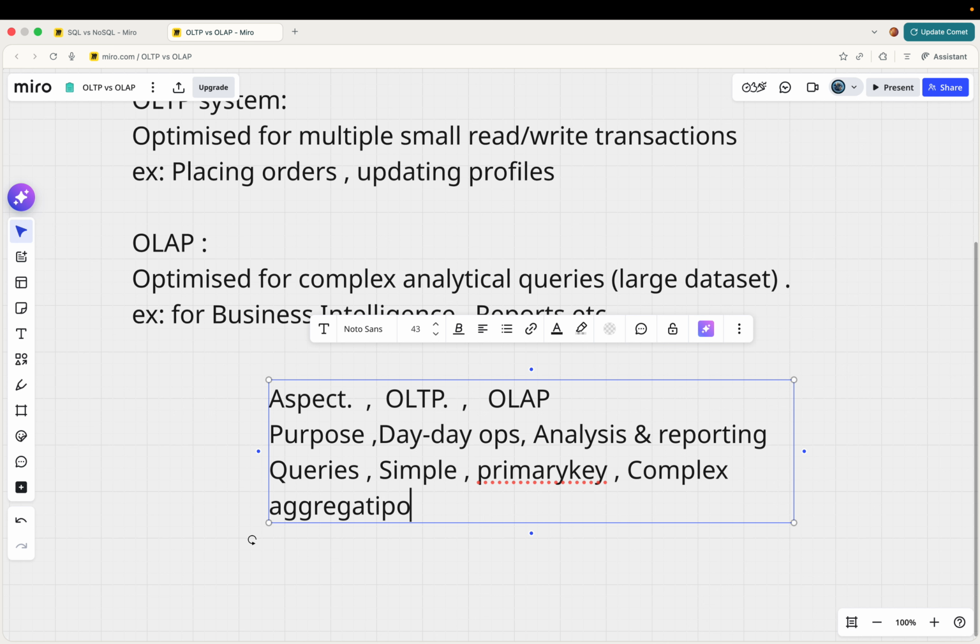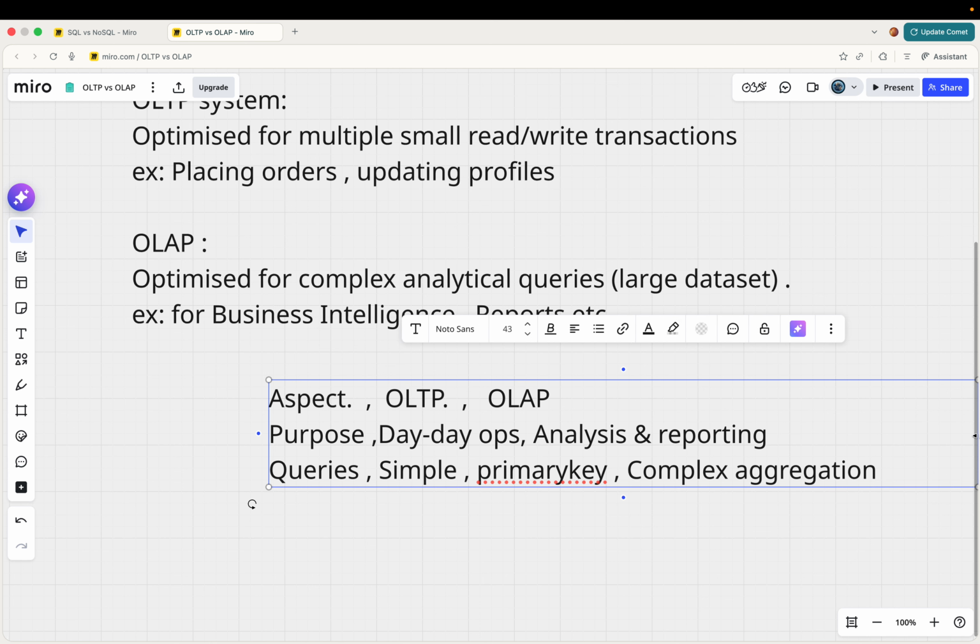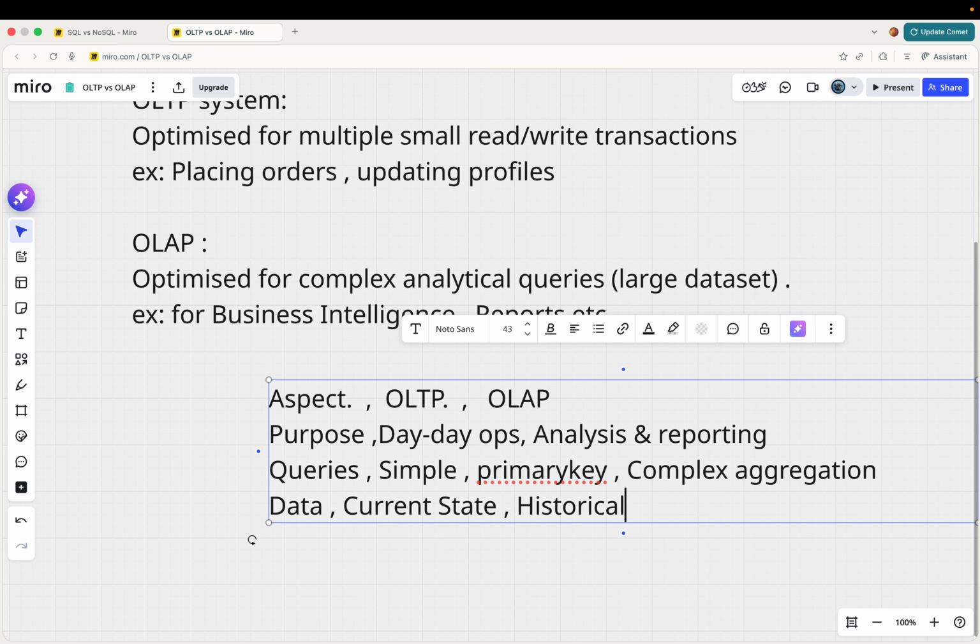Generally for analytics, aggregation is very important. As for data, in OLTP whatever is read is mostly the current state. And in OLAP it will be historical data, let's say two years or months back.